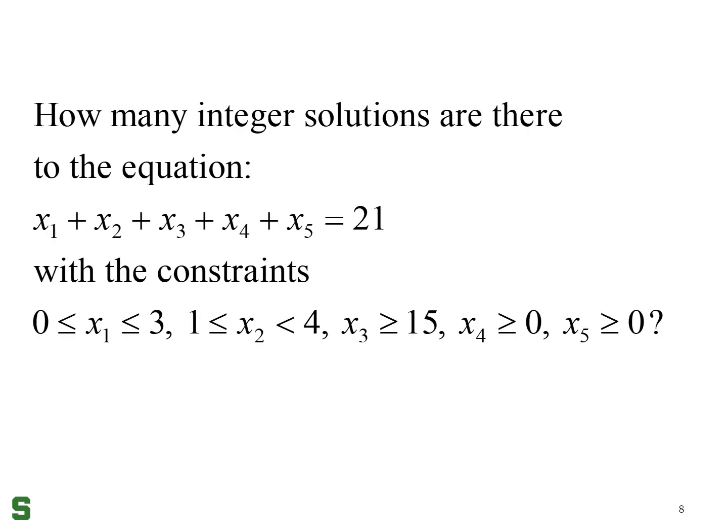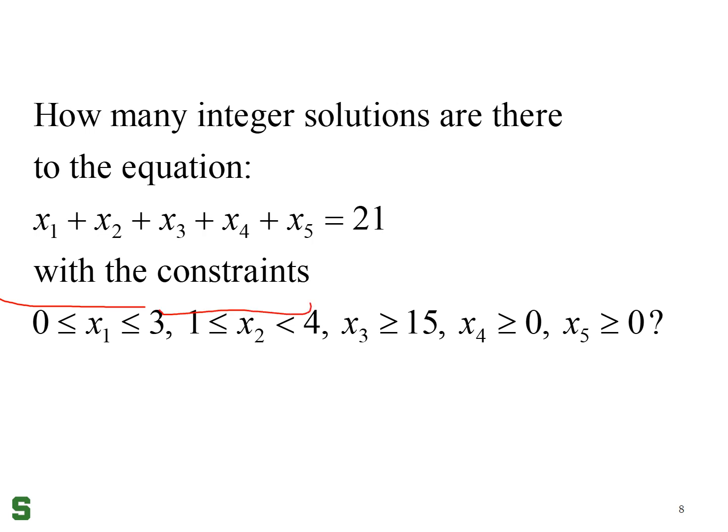Here is another problem. Here we have added another constraint. So we want to have x1 that is bounded by 3. That means in the first bucket we cannot put more than 3 balls.